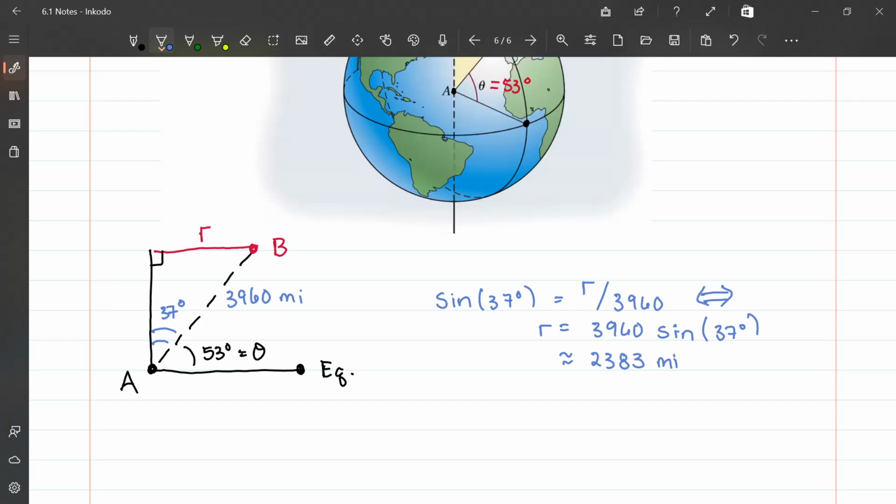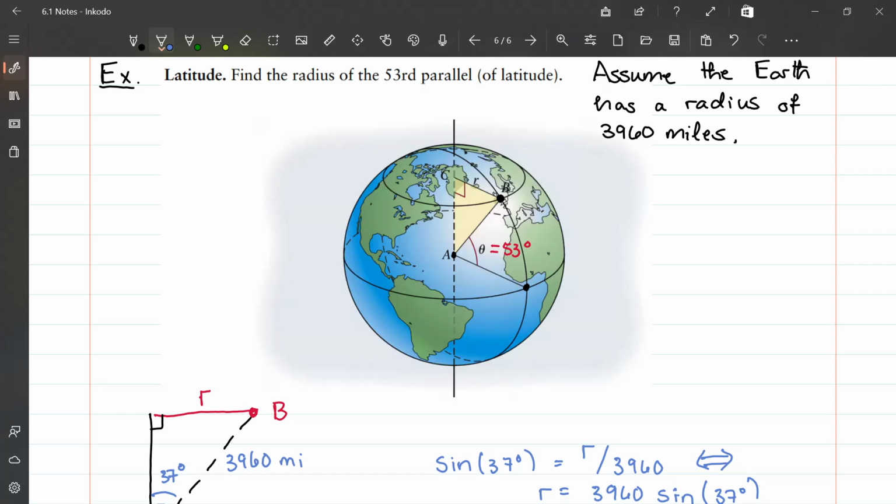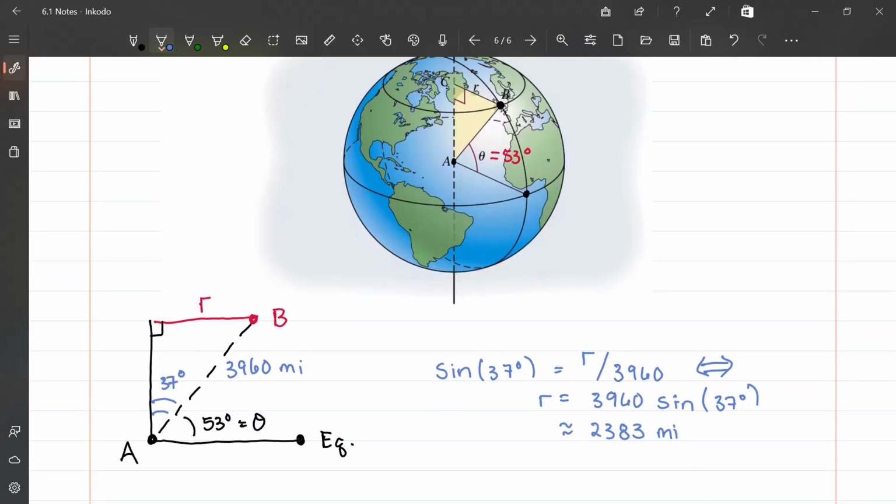So apparently, if we travel up to the 53rd parallel of latitude, its radius, the distance from the center line at C out to the point here on the surface of the Earth, is 2,383 miles approximately.